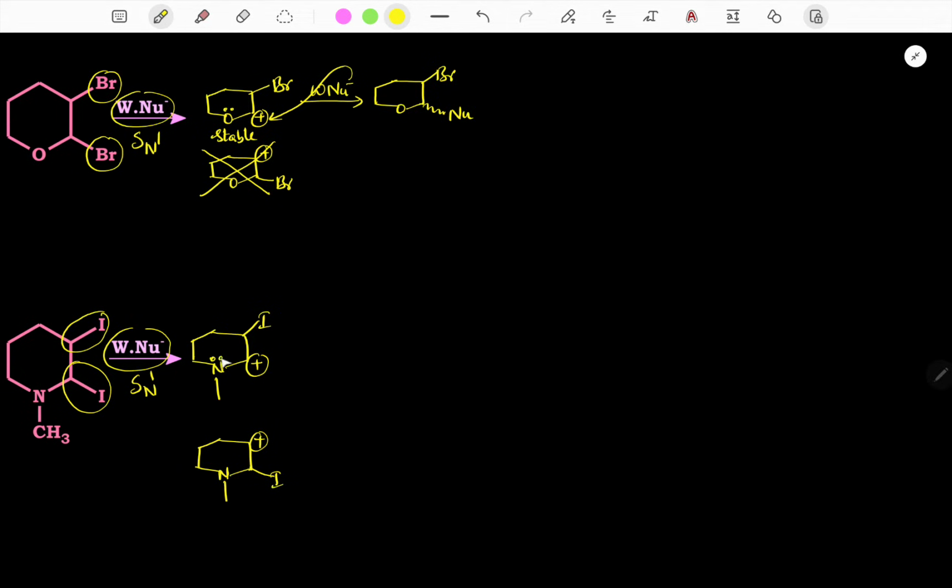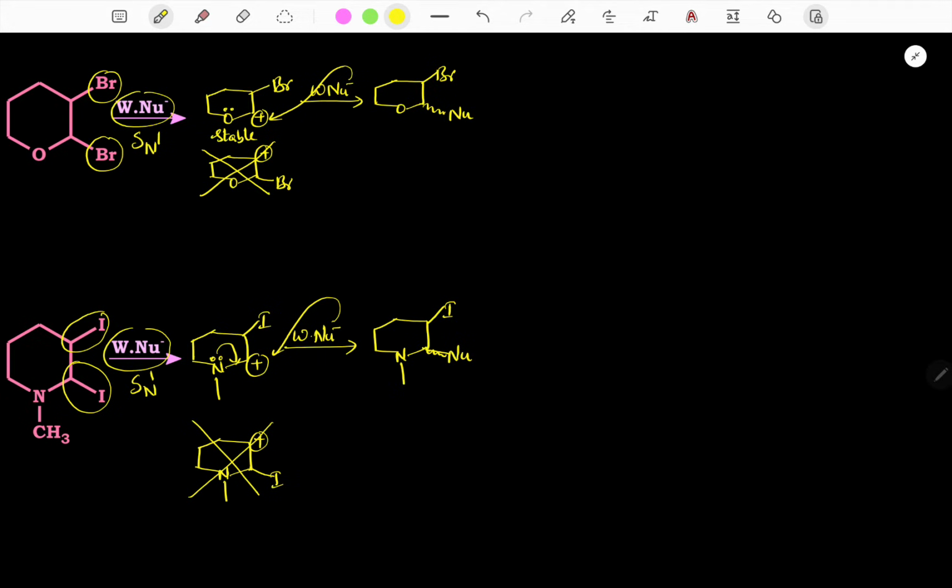First carbocation is stable. Therefore it reacts with the corresponding weak nucleophile. So the stable carbocation forms and reacts. The unstable carbocation should not be formed. And finally the product is like this.